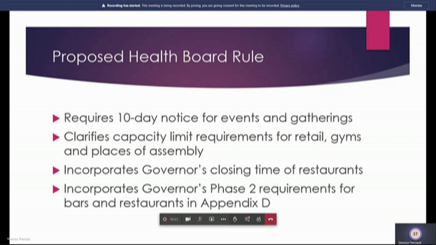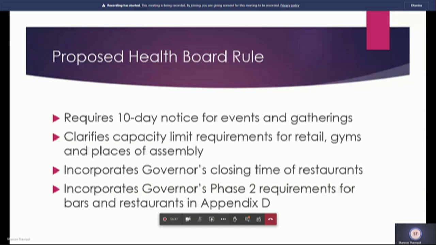And then you have to submit a plan if we ask you for your written plan, so that we can help review it and help guide how to meet Appendix A. And there was no day by which you needed to contact us. So really this is about managing expectations, because when people would call us the day before, there really wasn't time for us to give good guidance, or even more importantly, for the event organizers to make the changes they need to make in order for that event to meet Appendix A.